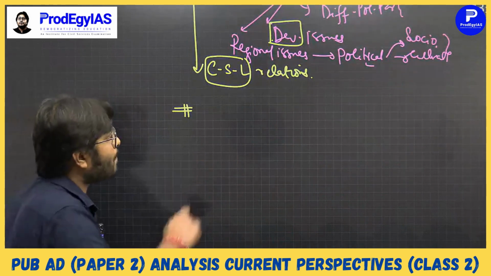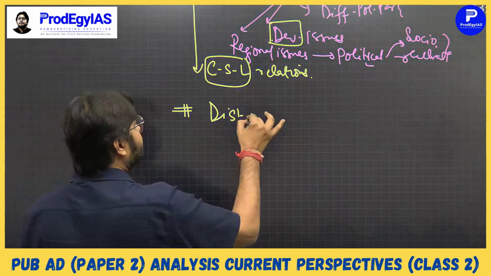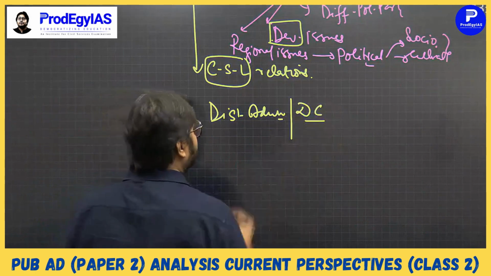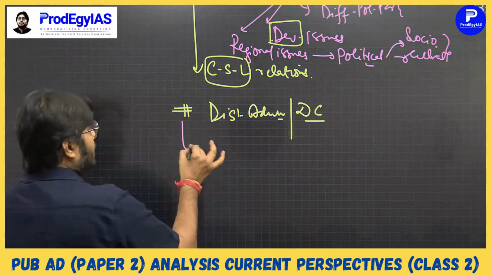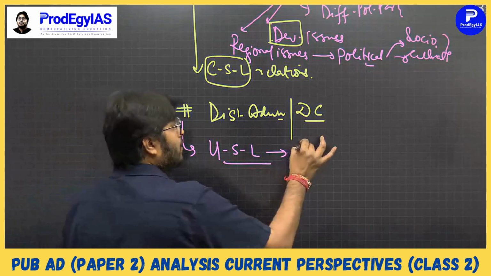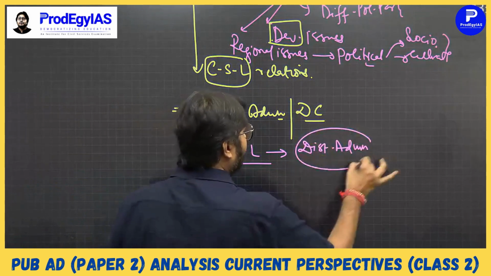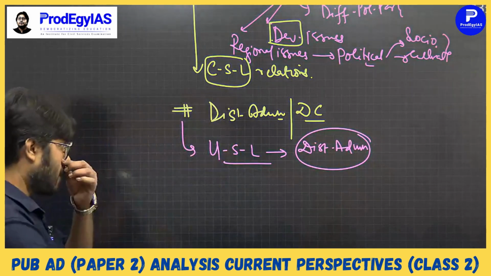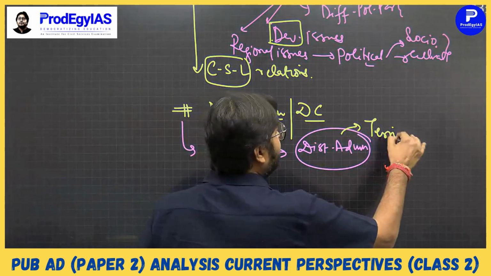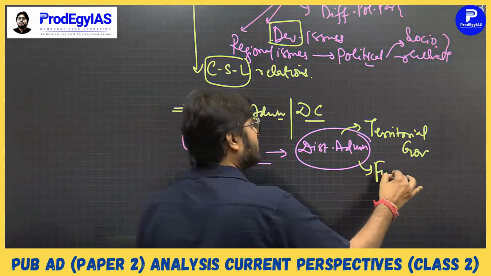Then, like I said, district administration is to be linked here itself. It's not a very big topic. There's nothing here, and the district collector. So as the union, state, local relations change, how is the district administration changing? Obviously, district administration is the basic territorial governance, even functional governance.